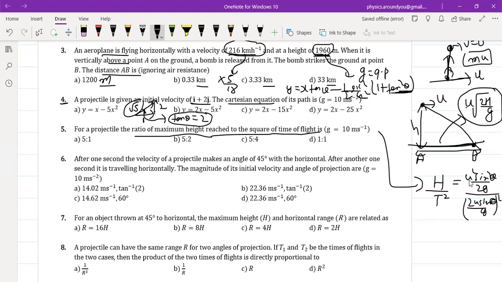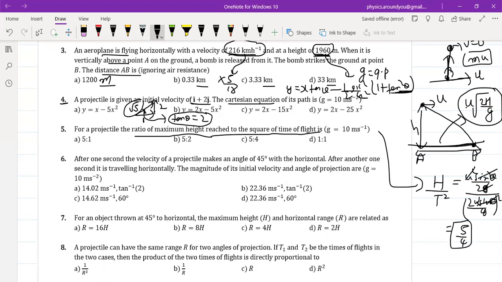You see the u square sine squares cancel, there is a g term which will not cancel, and then there is a 2 square term coming up. If you simplify, you would get around 5 is to 4.